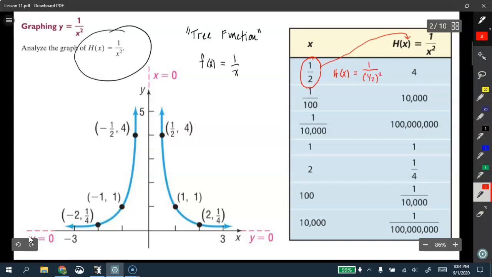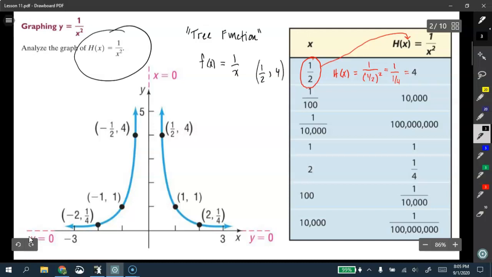When you follow the arithmetic, that becomes 1 divided by 1 over 4, and 1 divided by 1 over 4 leads to 4. So we end up with a coordinate: when x is 1/2, the value of y is 4.